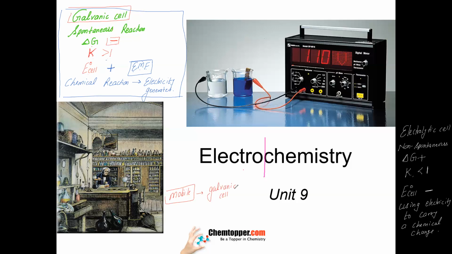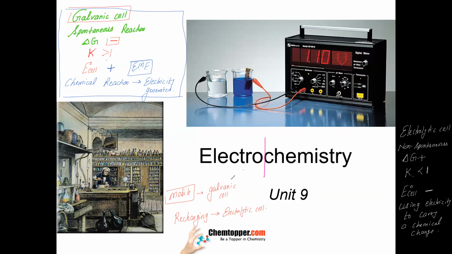But once the battery is dead, then you are recharging your mobile. That recharging of the mobile is you using electricity to regenerate all the chemicals. Recharging is an electrolytic cell.